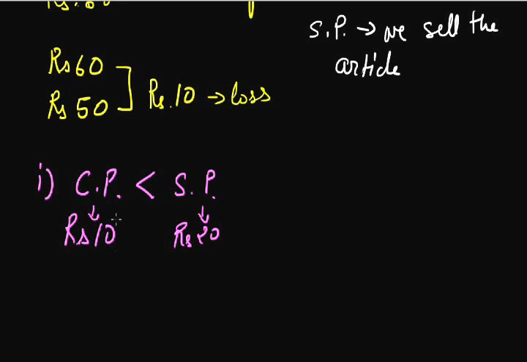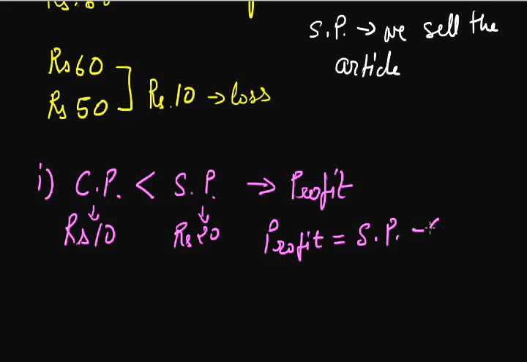So we are having a profit of rupees 10. So when the cost price is less than the selling price, we have a profit, and the profit is equal to selling price minus cost price.